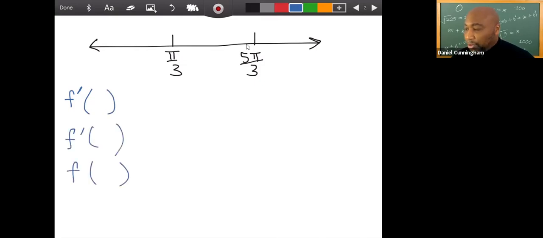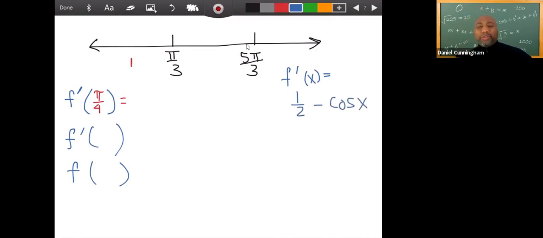For the first region, I'm going to use, let's say, a value less than pi over 3, pi over 4. And I'm going to plug it into the derivative. Now remember, the derivative was f prime equal to 1/2 minus the cosine of x.